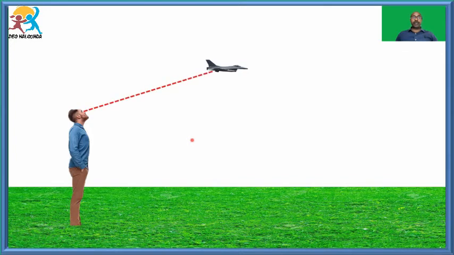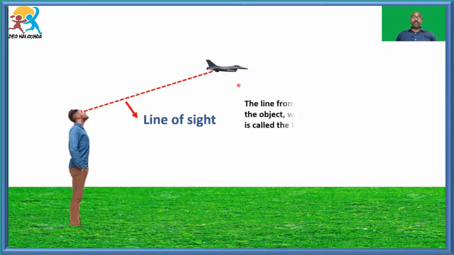So now the line joining the person's eye to the object, that is the flight, is called line of sight. Now we can define the line of sight as the line from our eyes to the object we are viewing.